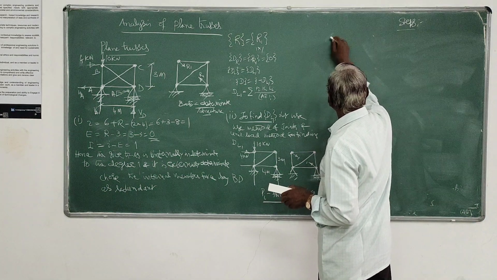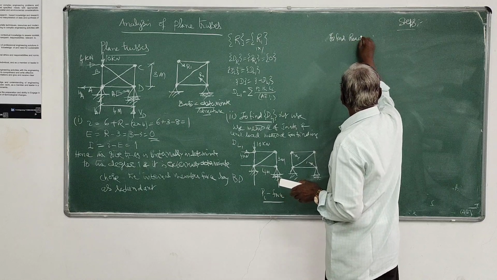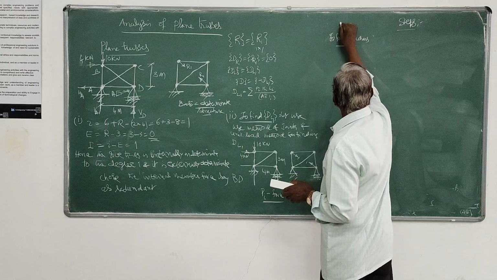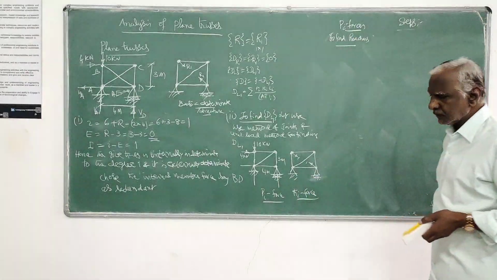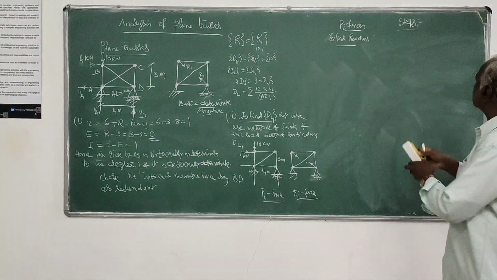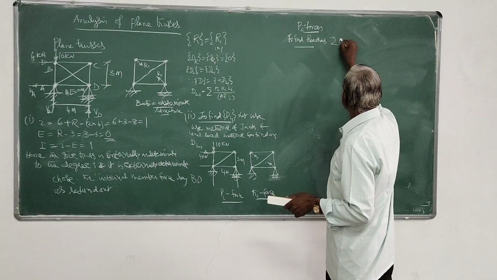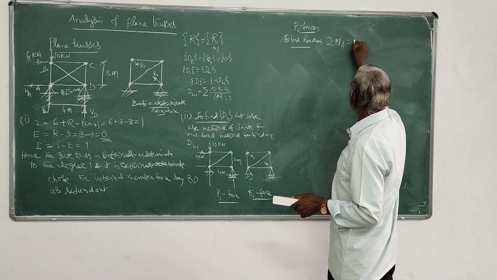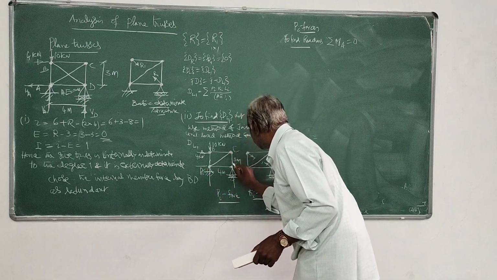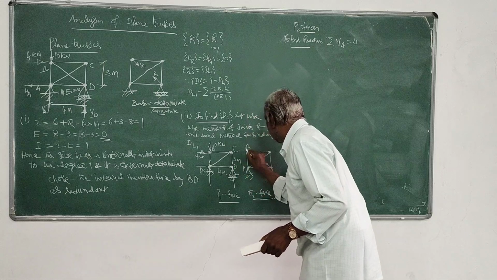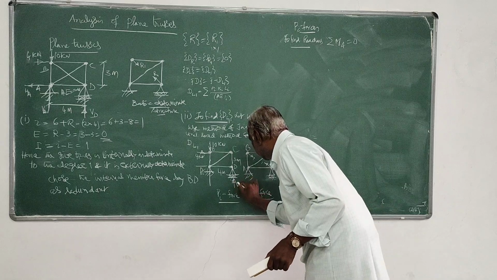So first I will find the reactions. These are the P_i forces I am doing. To find the reaction, I will take moment about A equals 0. This is A, B, C, D. Here also A, B, C, D. So this is VD.